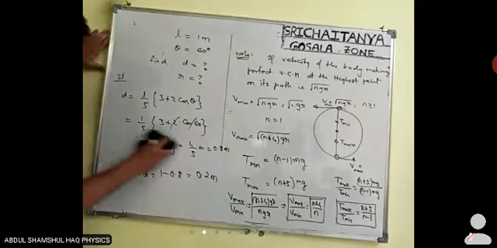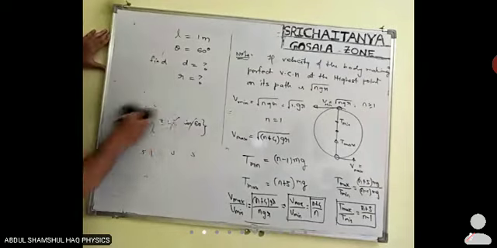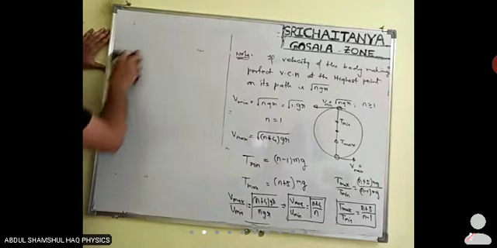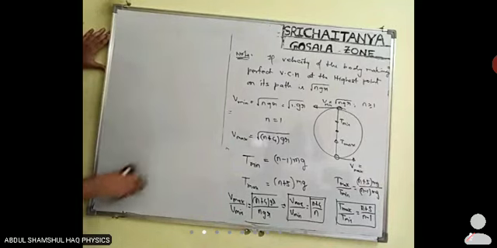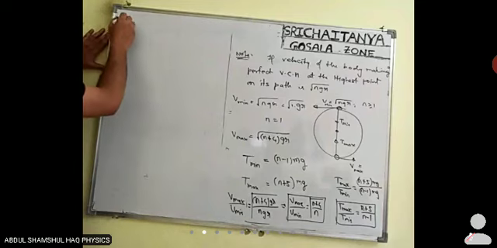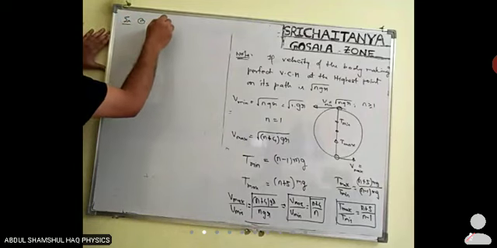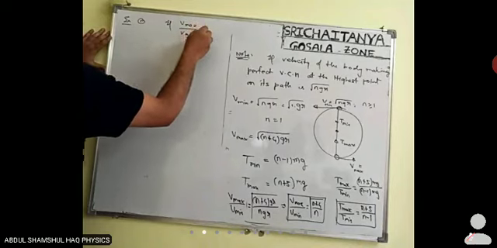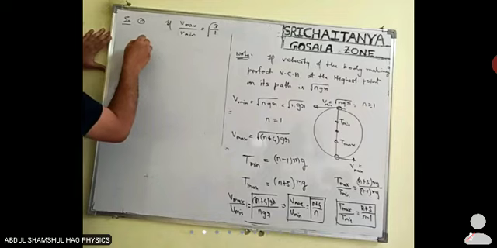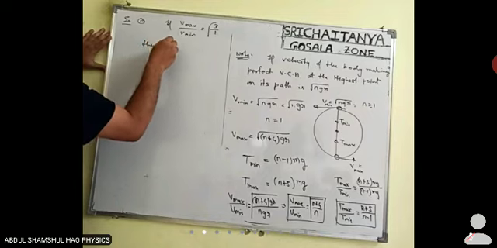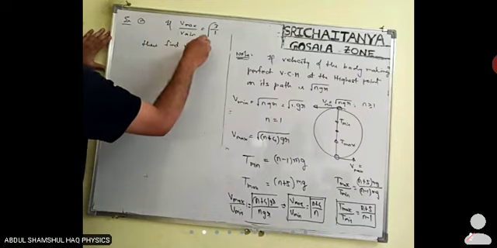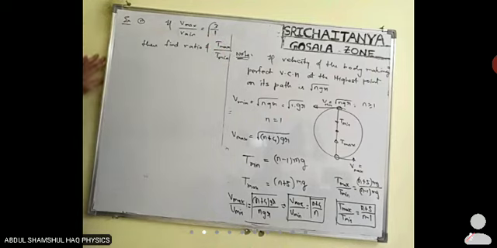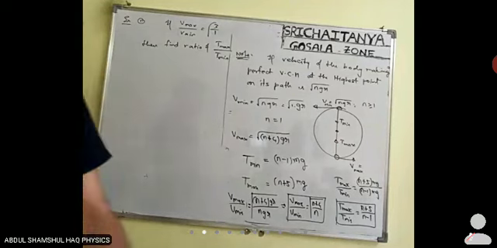So let me tell you one simple question and try to analyze the situation. Students, example 1. If V maxima to V minima is root 3:1, then find the ratio of T maxima to tension minima. Now please try to solve that question.